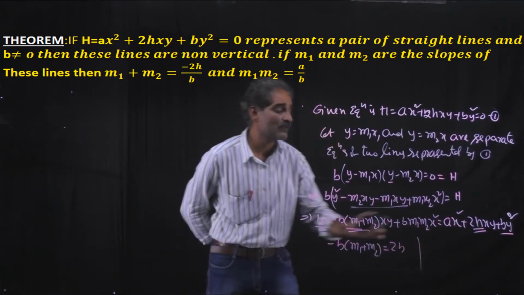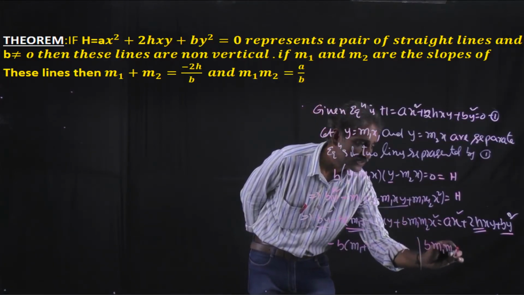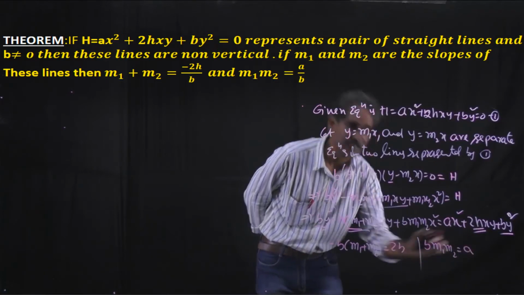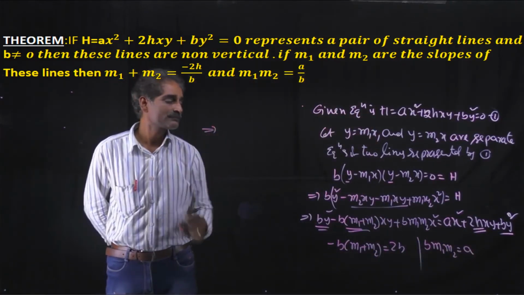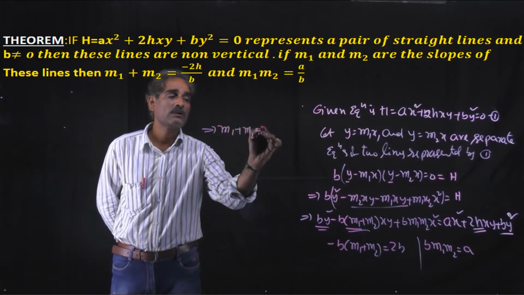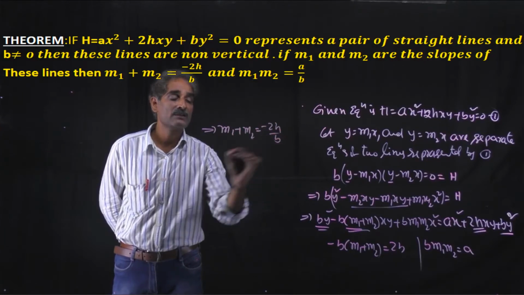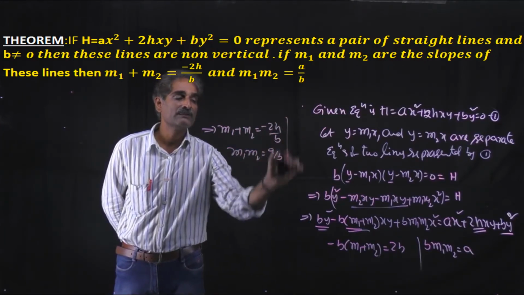And similarly, the coefficient of x square, b into m1 m2, is equal to a. Therefore, from these two, we can write m1 plus m2 is equal to minus 2h by b, m1 m2 is equal to a by b.